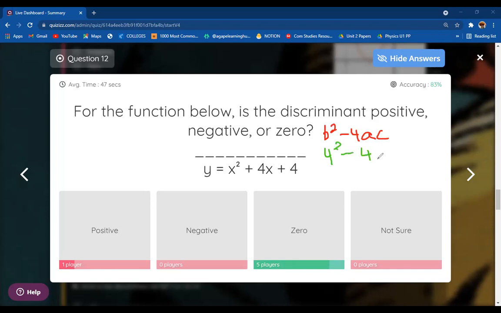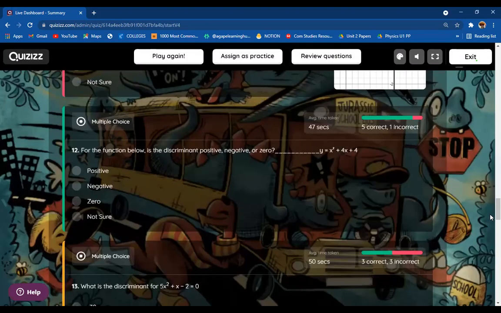Minus 4 times a is 1, c is 4. 4 squared is 16. 4 times 1 is 4, times 4, 16. So it's minus 16. 16 minus 16, 0. Hence this answer. Everybody good with that? Yes, miss. Right. Next question.